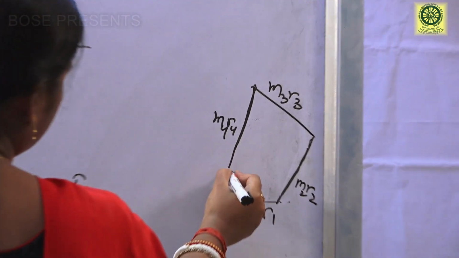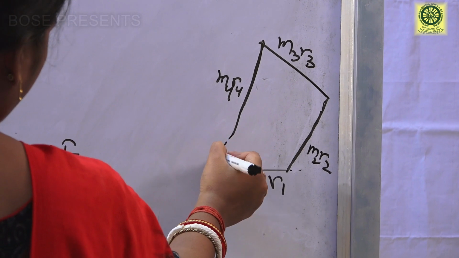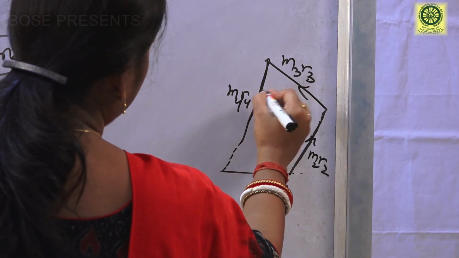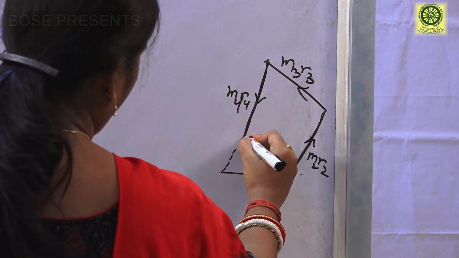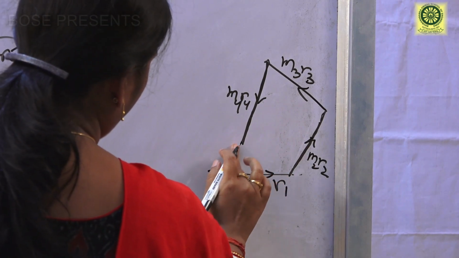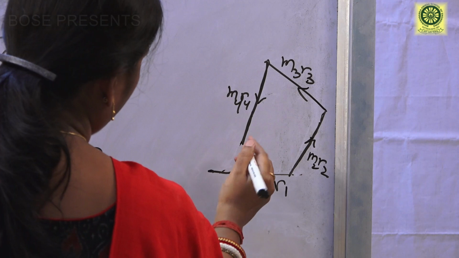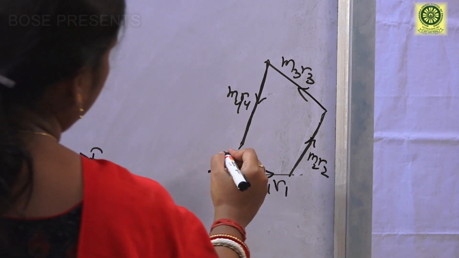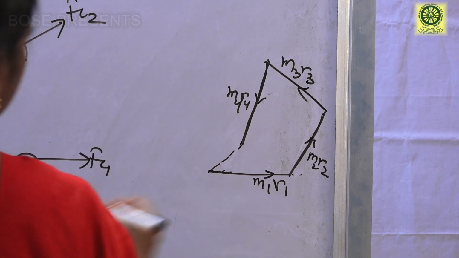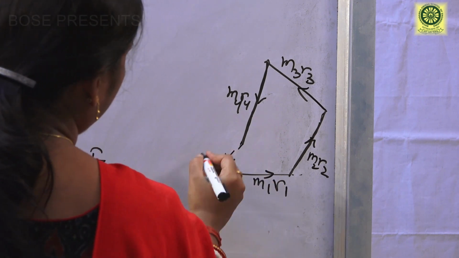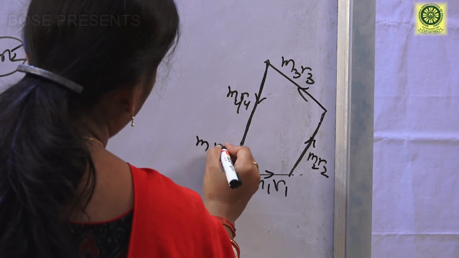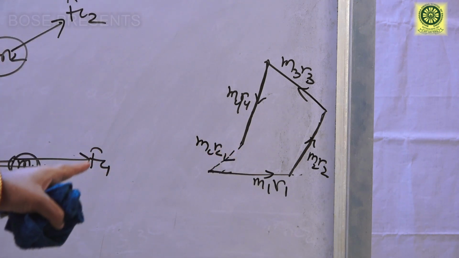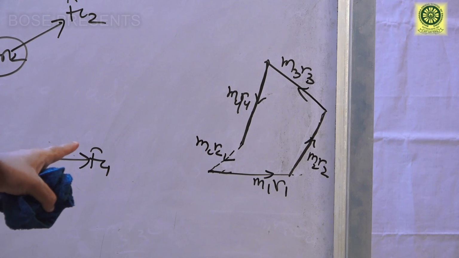Now the closing side will represent, because in this direction, MC RC. So if you draw the vector diagram, you will get the value of MC RC.